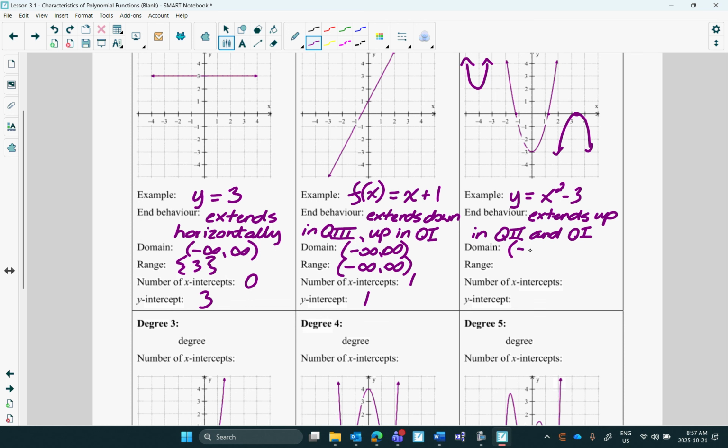Negative infinity to positive infinity. Once again. But the range of this one is not everything. It's what? -3 to positive infinity. How many x-intercepts does this one have? 2. And what is the y-intercept of this one? -3.